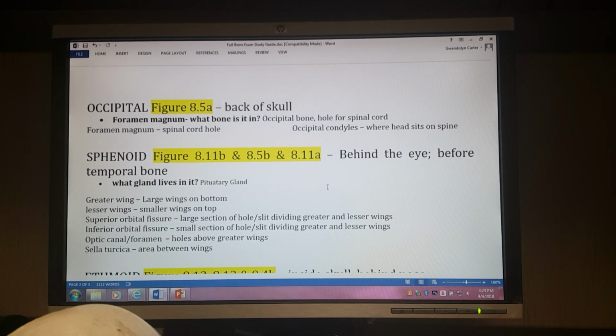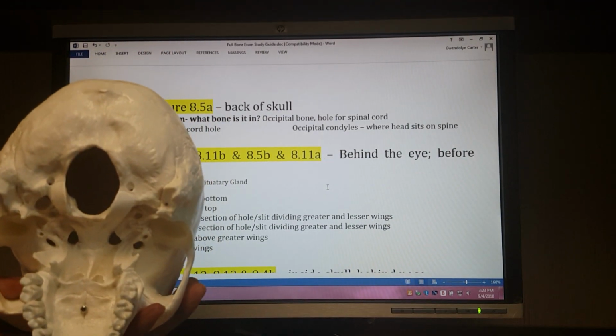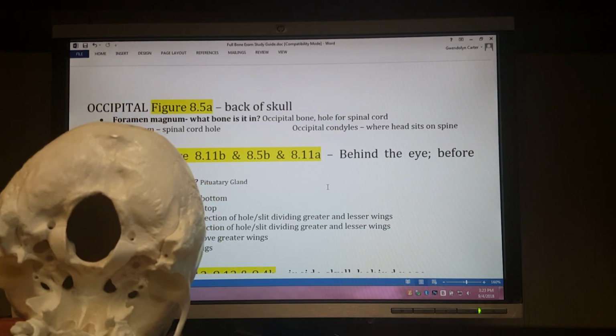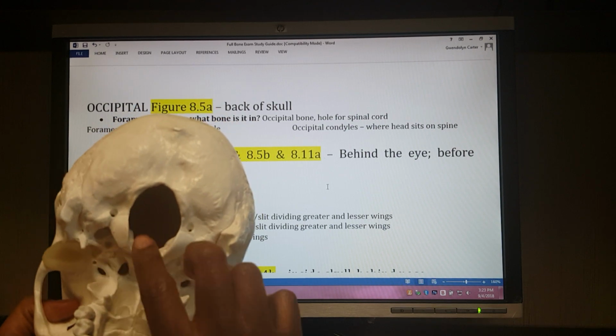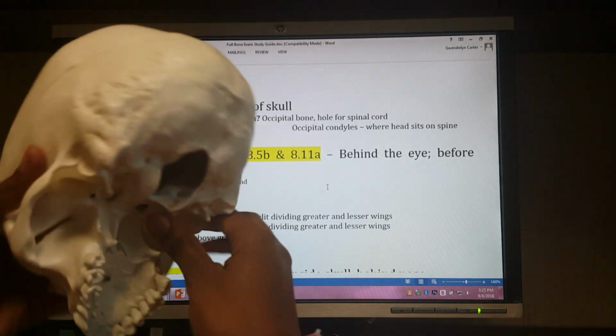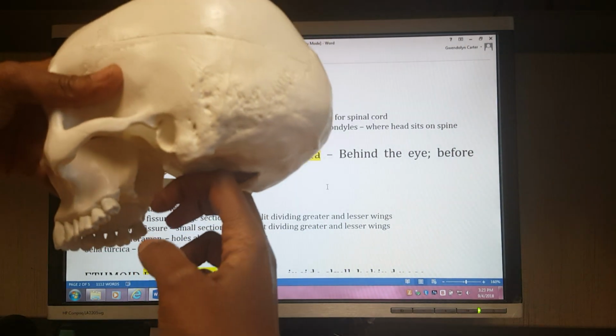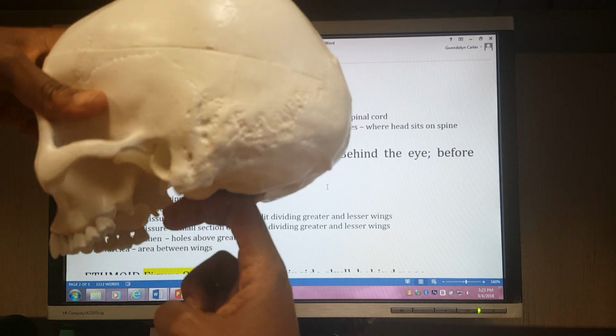The other feature that you need to know for the occipital bone are your occipital condyles. If you remember from our vocabulary, the condyles are where you have a joint feature on a bone. So the surface here is where it will form a joint with the first vertebrae, which has its own special name called the atlas.